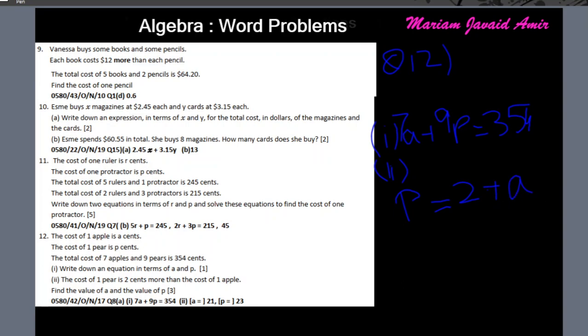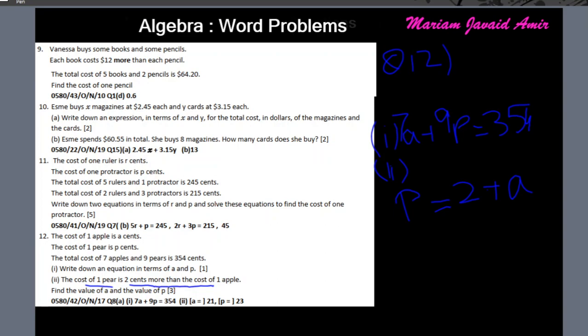So this is the equation: p equals 2 plus a. Let's read it again. The cost of one pear, which means p, is equal to 2 cents more than the cost of one apple. So 2 plus a. Find the value of a and p.